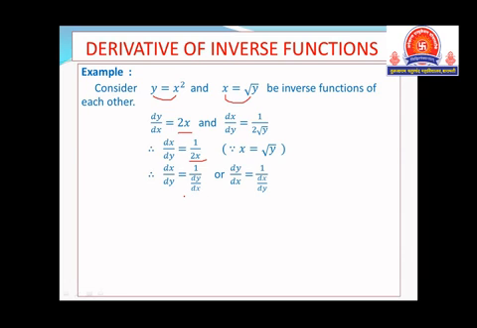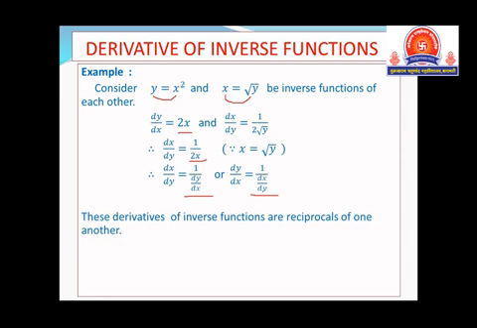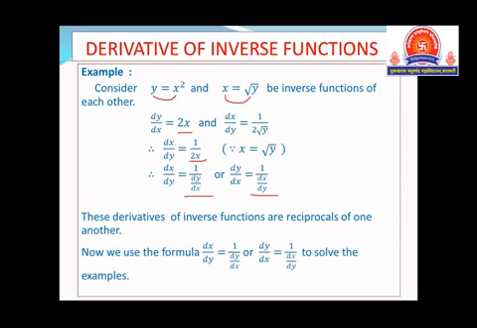Okay, and dy by dx is nothing but 1 upon dx by dy. यापैकी कोणताही फॉर्म्युला आपल्याला एक्झाम्पल सोडवताना वापरता येईल. याचा अर्थ dy by dx दिला असेल तर dx by dy कॅल्क्युलेट करता येतो आणि dx by dy दिला असेल तर dy by dx कॅल्क्युलेट करता येतो. Both are reciprocals of each other and we use any formula out of these two. See the example here.